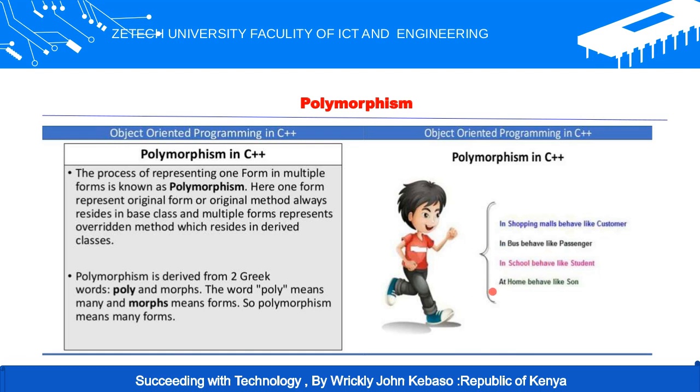When you are at home, the parents will call you son or daughter. I'm sure ladies will be complaining, why are you not putting the term daughter here? Never mind, any can do. What we are saying is that you exhibit different characteristics in different scenarios. Our programs can also behave like that, and when they do, they are displaying what we refer to as polymorphism.